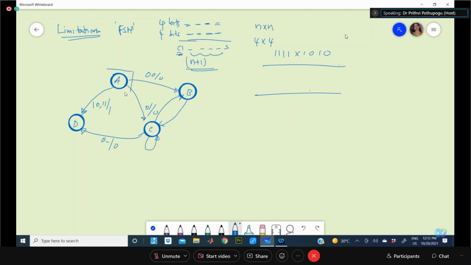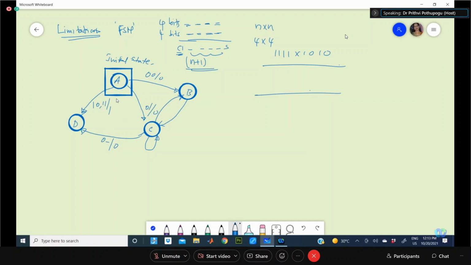When you check the state A, all arrows are outgoing. There is no incoming arrow for any sort of input. That means this is your initial state in a state diagram. Once you leave that initial state based on the inputs, there is no possibility of reaching back to this state.